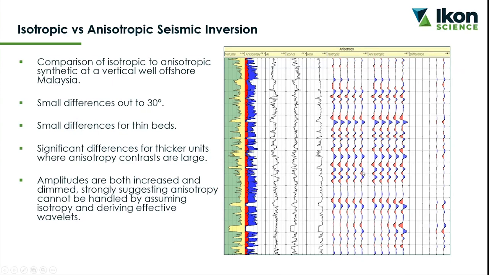Firstly, there are almost no differences out to about 30 degrees. Beyond 30 degrees, we start to see some significant contributions from anisotropy, but typically those contributions are small where beds are thin, and they get proportionately larger with increasing bed thickness.